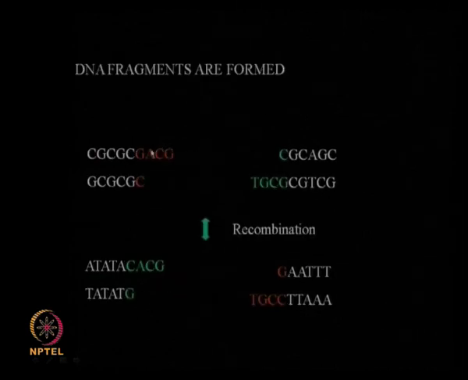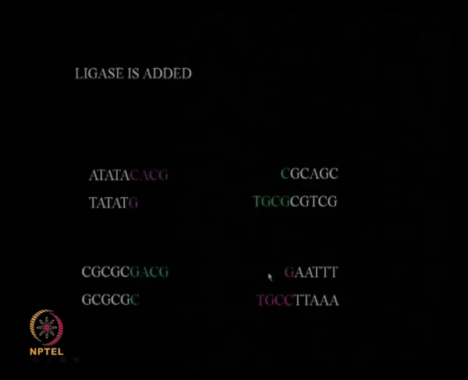So, the first strand is cut into two pieces like this and the second strand is cut like this. Now, you find that you have ACG here, you have the same ACG here and so on. So, this portion can join with this and this portion can join with this when ligase is added. So, DNA fragments are formed like this.